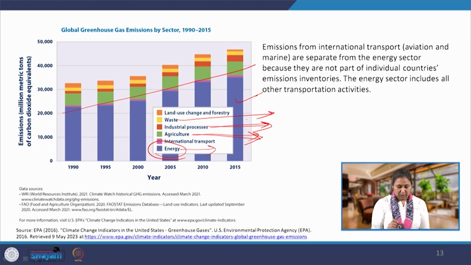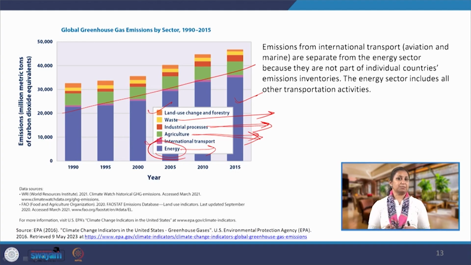And then we have smaller factors such as land use change and forestry. As we said, whenever we undertake deforestation, we are releasing carbon dioxide and methane in the atmosphere. So, land use change and forestry is another cause for emissions, and also international transport, the aviation.